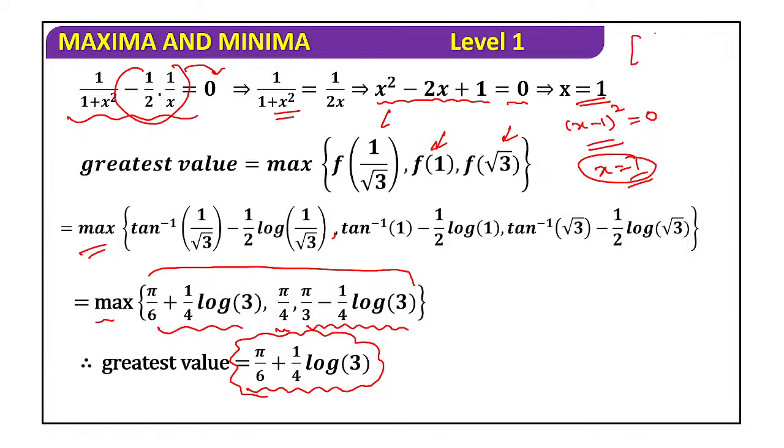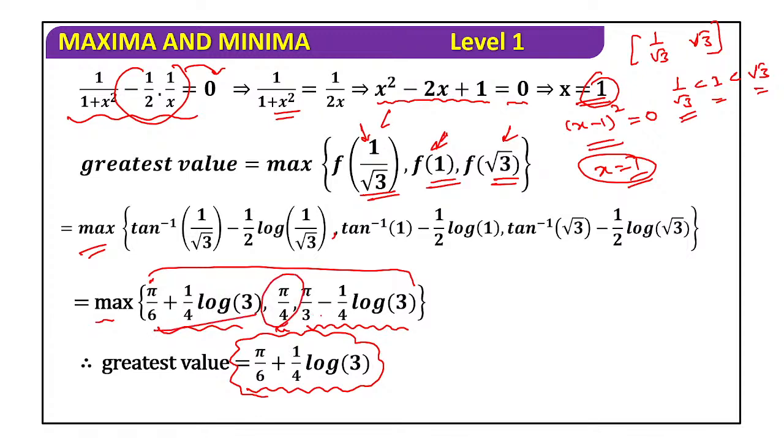Because you are solving it for 1 by root 3 comma root 3, we got x equal to 1, which is in between 1 by root 3 and root 3. You have to check for all three terms. So put first 1 by root 3, put 1, put root 3. For these three terms, you will get pi by 6 plus 1 by 4 log 3, pi by 4, and the third term is pi by 3 minus 1 by 4 log 3.